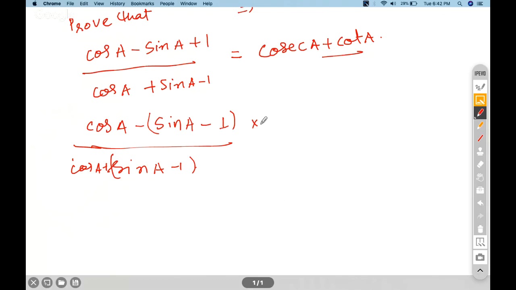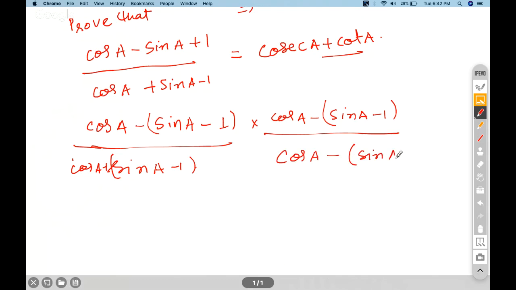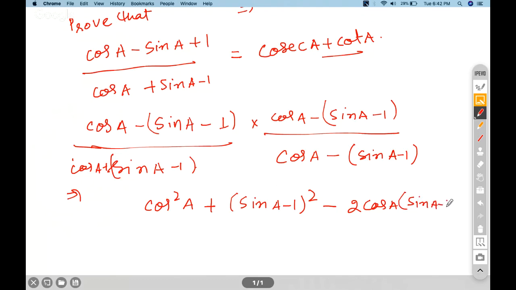So I'll multiply this with cos A minus sine A minus 1 and this with cos A minus sine A minus 1. So what I get here is cos square A, this is plus sine A minus 1 whole square minus 2 cos A sine A minus 1.